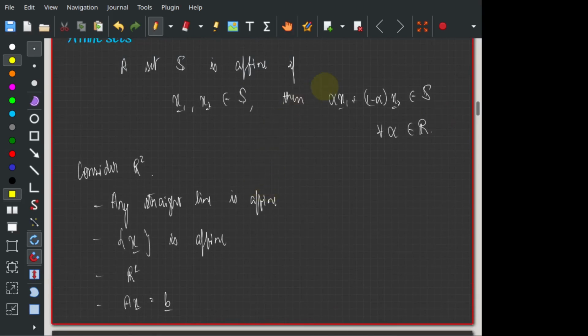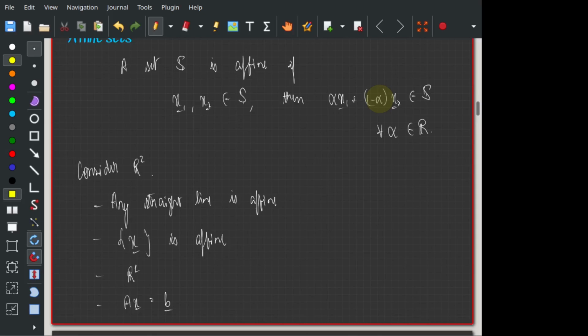Or in other words, an affine combination is a linear combination of vectors such that the sum of the coefficients is equal to 1. If we add the additional restriction that the coefficients should be non-negative, then that gives you a convex combination.